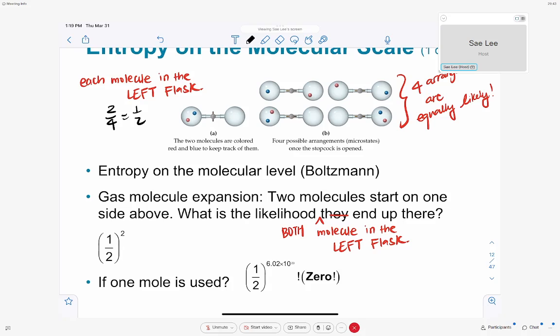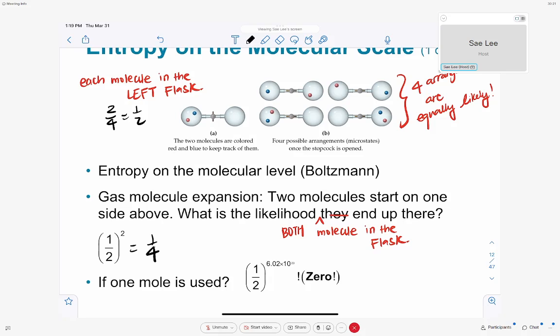The probability that both molecules are on each side, not left flask, I'm sorry, it's a mess today. Both molecules in the same flask is going to be 1 over 2 squared, which equals 1 over 4.